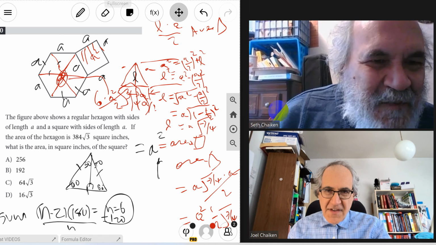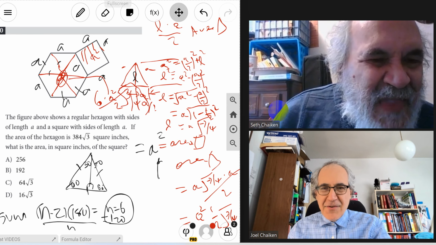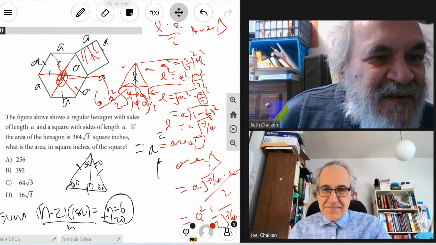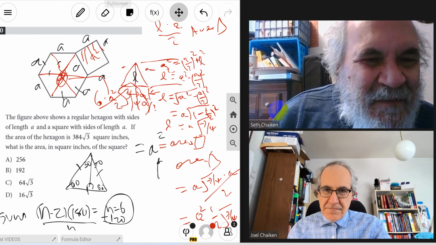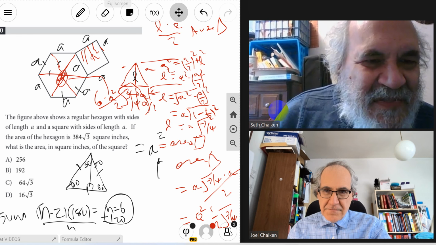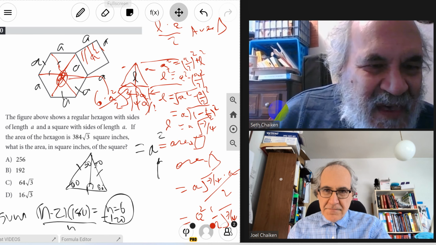Totally a mess, I'm not simplifying anything. And then if the area of the hexagon is equal to this, it's a complicated thing, so I'm going to write it here.